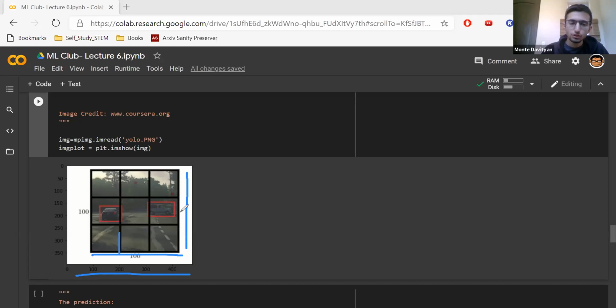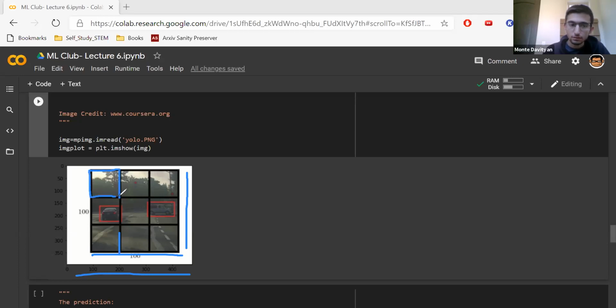So what you do is train your neural network, or your convolutional neural network, to classify both what it is, is this a car or not, and also where it is, specifically what grid it is in. For example, let's say we're just classifying where it is. We would want our neural network to learn: is it in this grid?